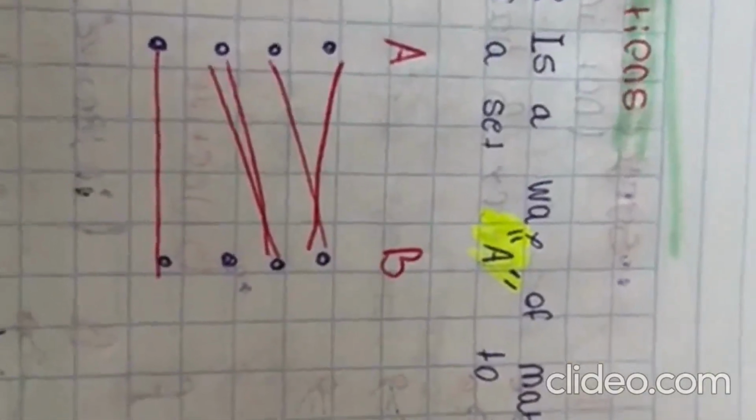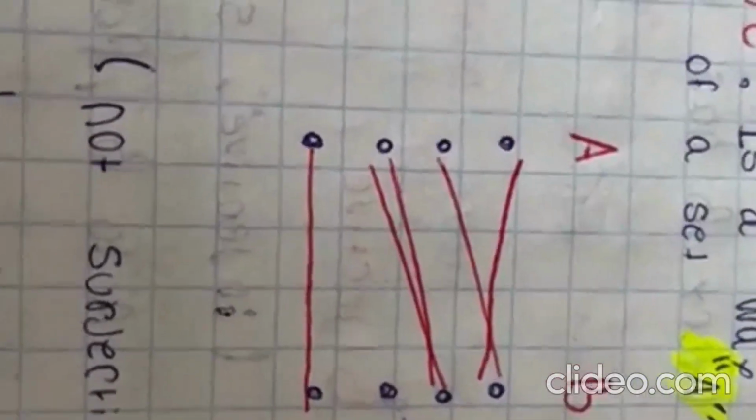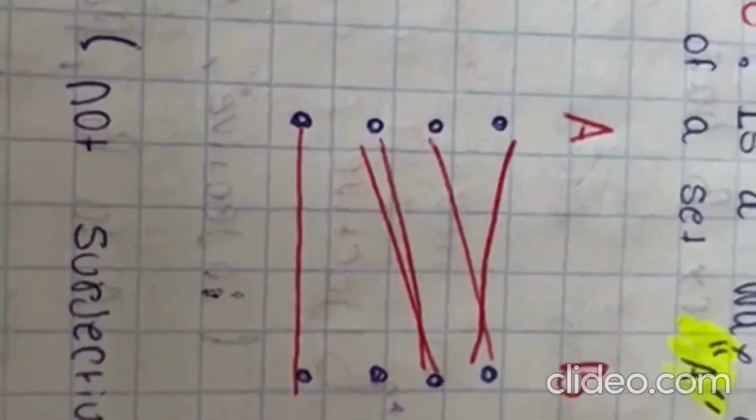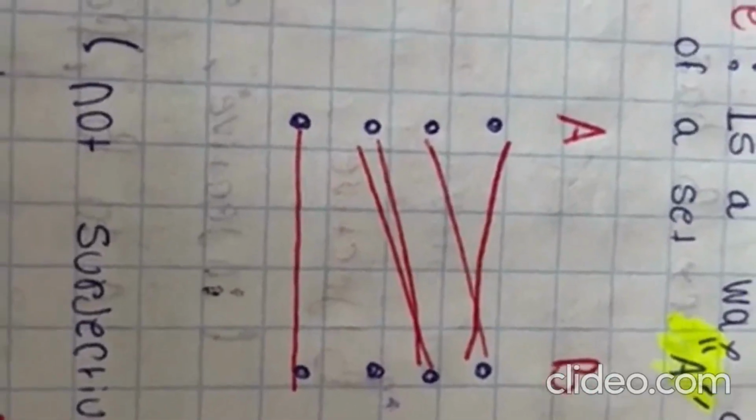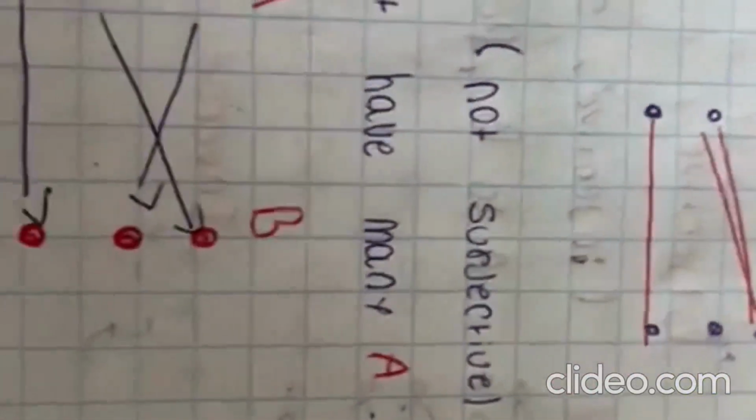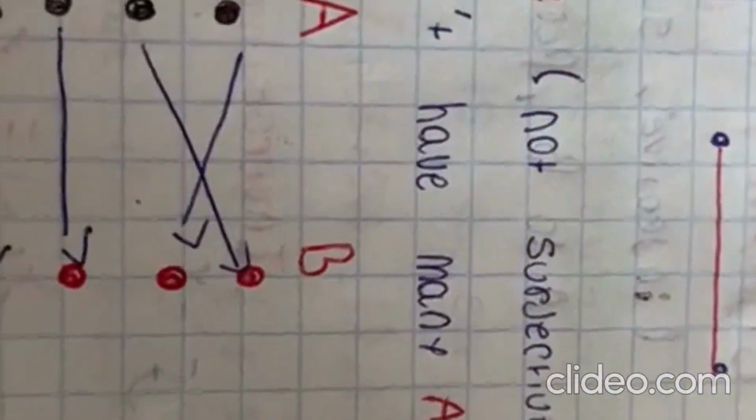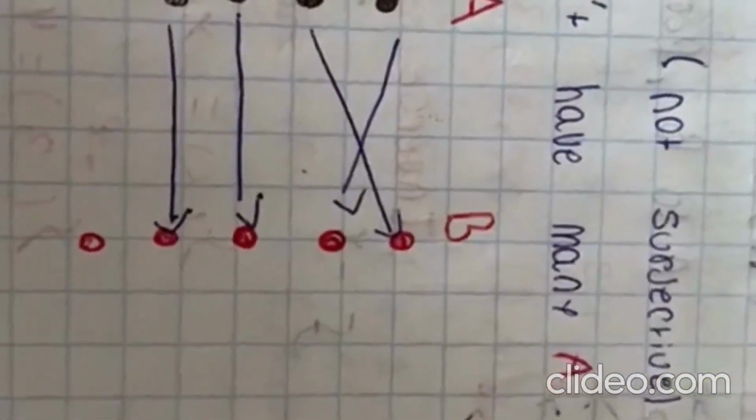A function is the way of matching the members of the set A into the set B. The general function shares some elements of the bound sets. The injective function is where B can have many A's.